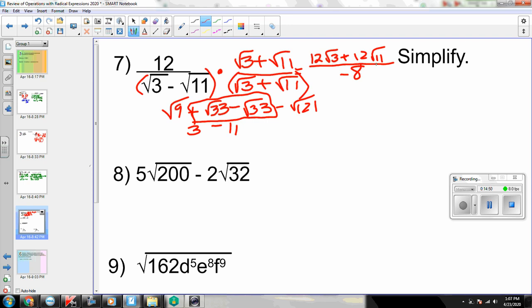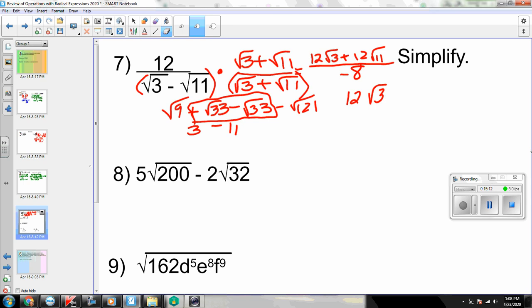But I could simplify further because 4 goes into 12 and 4 goes into 8. So I could have left my numerator like this, 12 radical 3 plus radical 11 all over negative 8. I didn't have to use the distributive property, so let me fix this here.